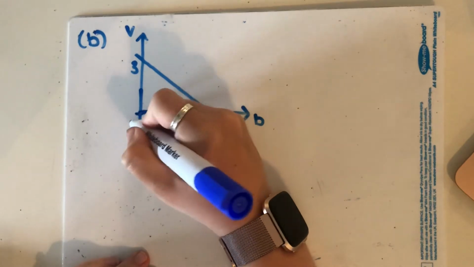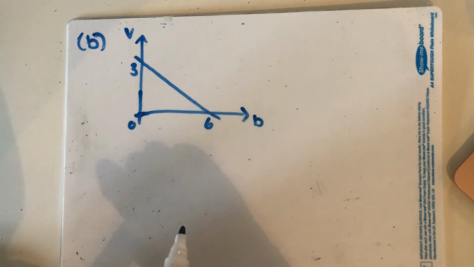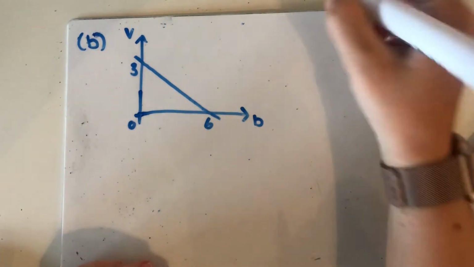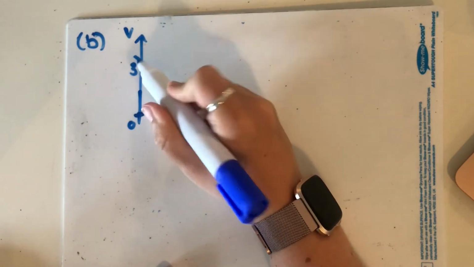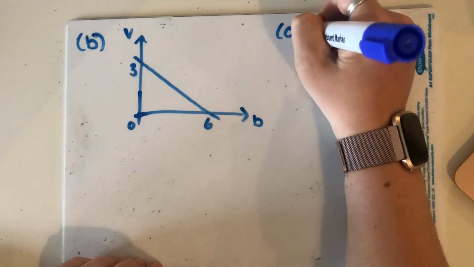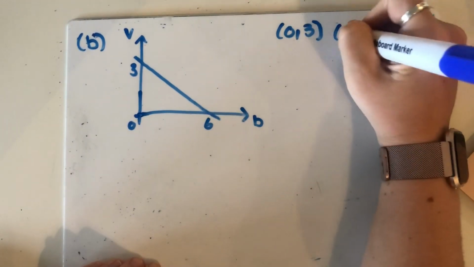And we've got our 0 in the corner at the origin. The variables in this one are v and b instead of x and y. So first of all, your 2 points are going to be 0, 3, so it's 0 along and 3 up. And it's going to be 6, 0, because it's 6 along and 0 up.